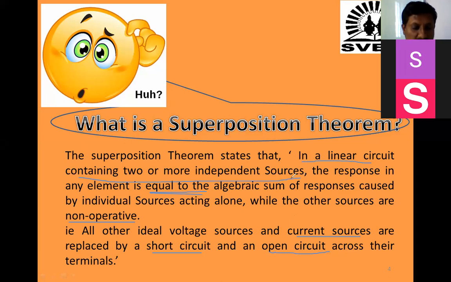We have discussed the types of sources. So anyone can tell what you mean by independent sources? Independent sources means whose value is known, whose value is given. For example, a voltage source taking 5 volt, 10 volt, 8 volt, 2 volt, 1.5, whatever.